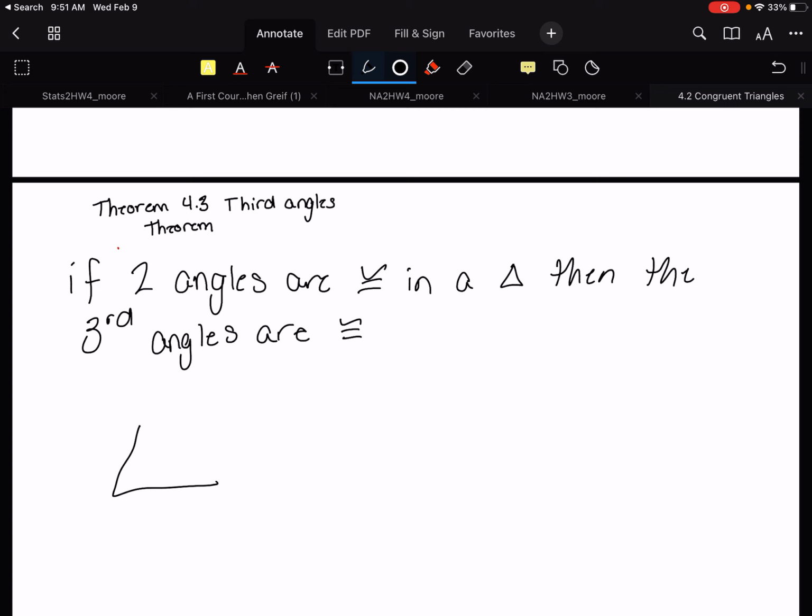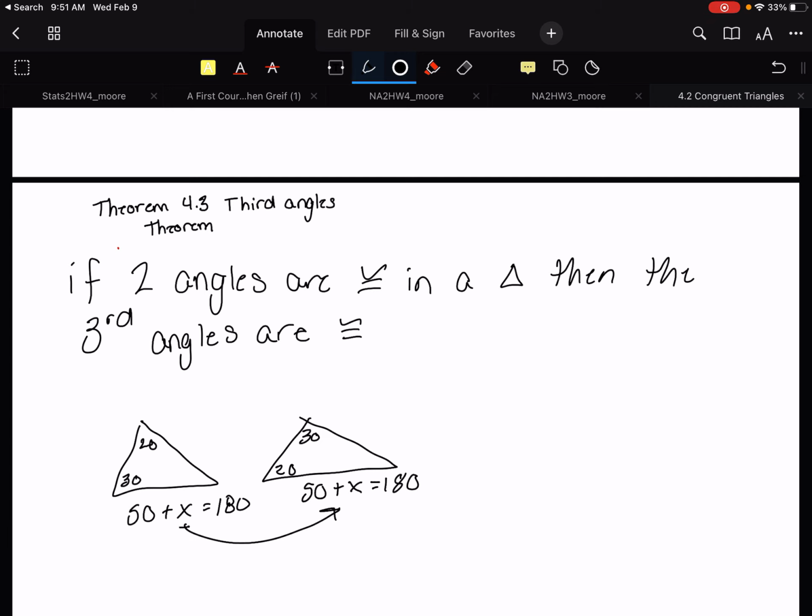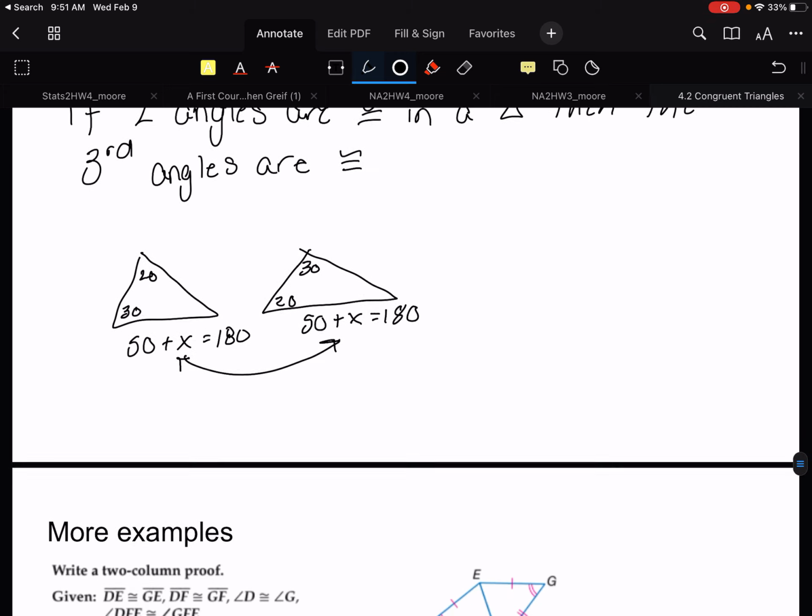So essentially this is saying if this is 20 and this is 30, and in this triangle this is 20 and this is 30, that means that I've used 50 plus something is equal to 180, and it's the same thing here. 50 plus something is 180. So the third angle has to be the same because these are the same equation. That's all that's saying.